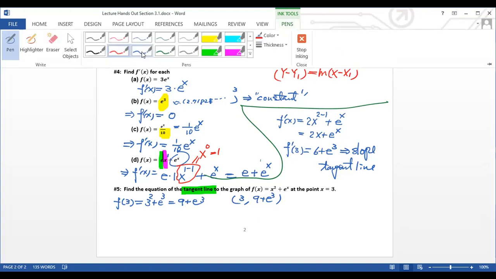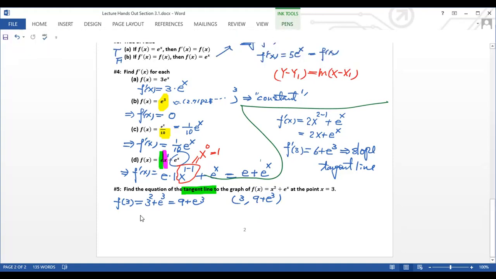Now we can do that. So I can say y minus 9 minus e^3, and be careful, the minus needs to carry through both, is equal to the slope, 6 plus e^3, the whole thing, times x minus 3.